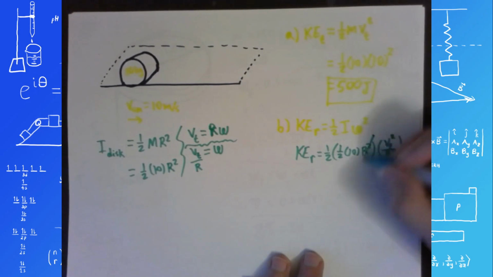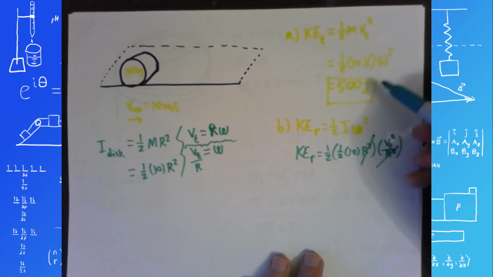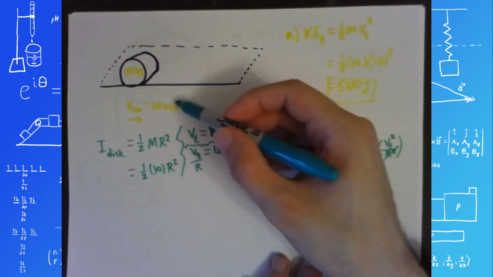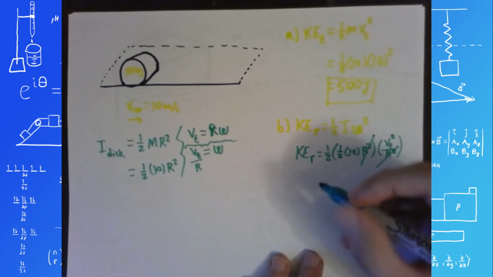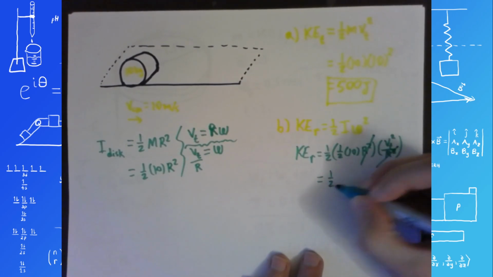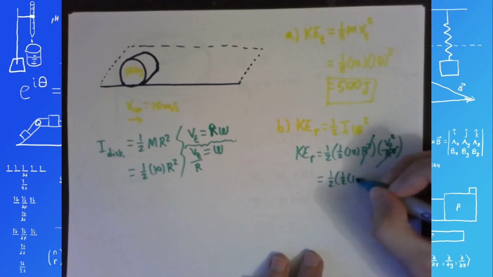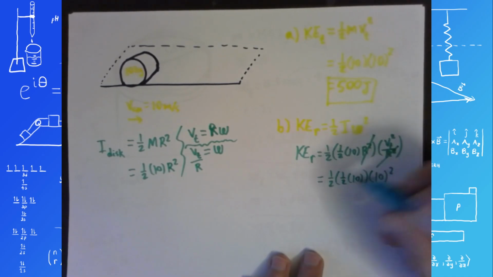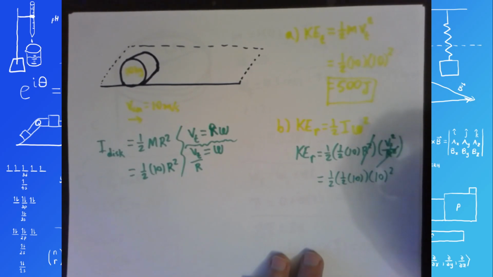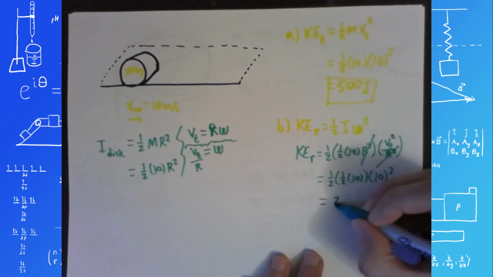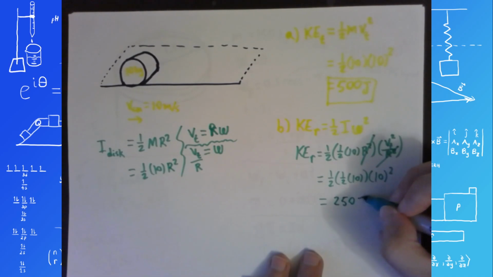And r squared divided by r squared cancels out, and v tangential squared is v center of mass squared, so we can plug in 10 for that. We've got 1/2 times 1/2 times 10 times 10 squared. Half of a half is a fourth, and a fourth times 10 is 2.5, and then 2.5 times 10 squared, which is 100. 2.5 times 100 is 250 joules.